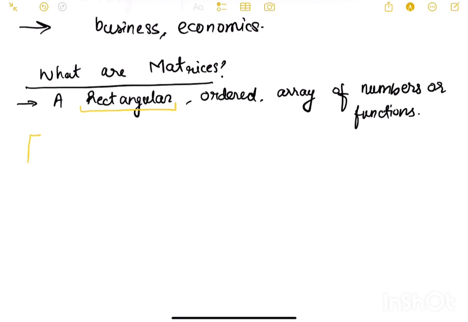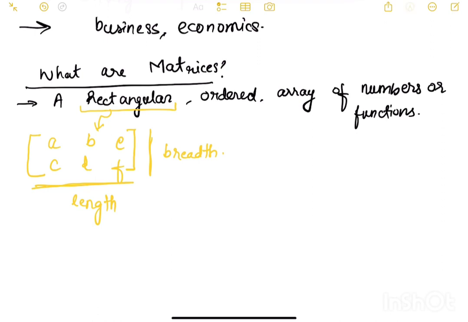I will just write a random matrix. Let it be A, B, C, D, E, F. So this is what generally a matrix looks like. Now what I mean by rectangular is that it seems as if this matrix has a length associated with it and a breadth, isn't it? Right? So that is why we say that it is somewhat rectangular.